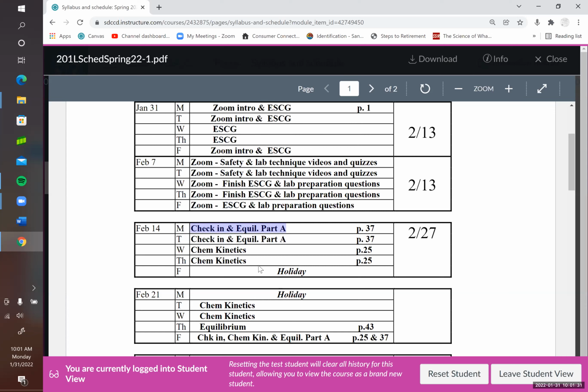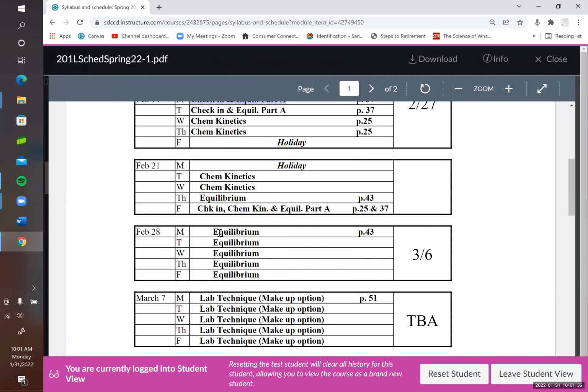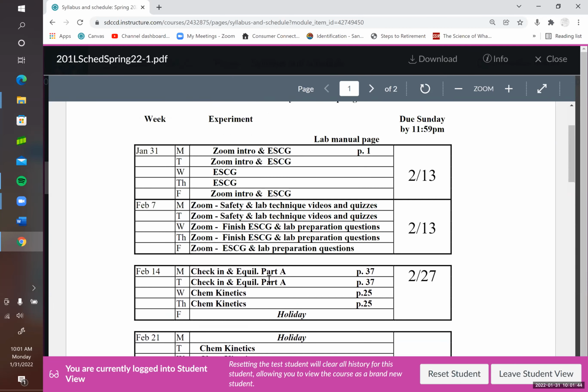Okay, and the equilibrium lab is going to be done down here. So we're just preparing for the equilibrium lab that you're going to do on February 28th up here and checking in. So that first day is going to be short.